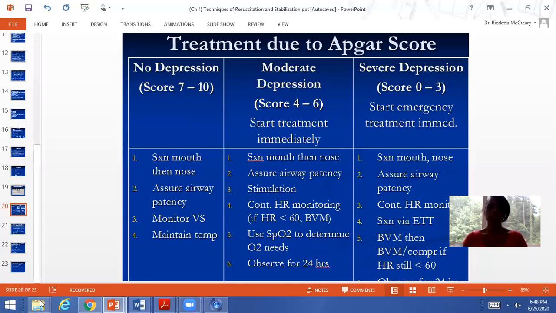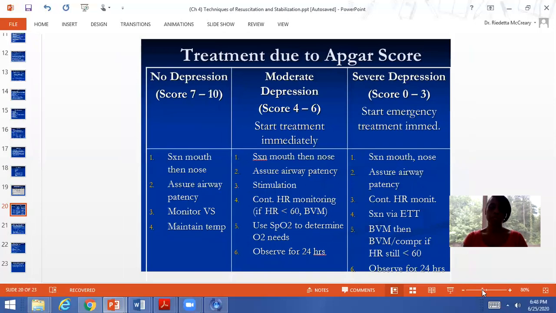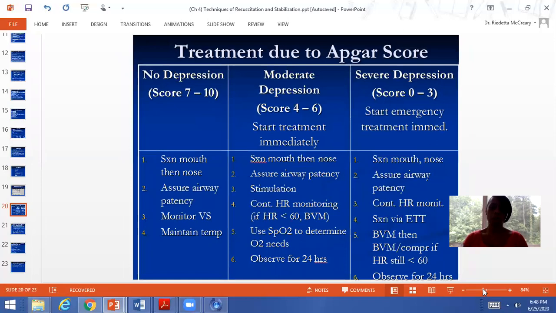Now, if the APGAR score was between 0 and 3, this baby is in severe depression. And we are going to obviously still suction their mouth and their nose, make sure their airway is patent, monitor their heart rate. We may need to suction via the ET tube. Maybe this particular baby could have had meconium, and that's why they came out in severe depression, because their airway was blocked with poop.